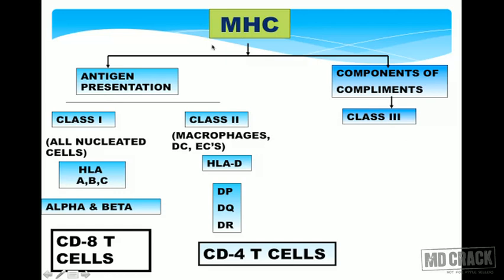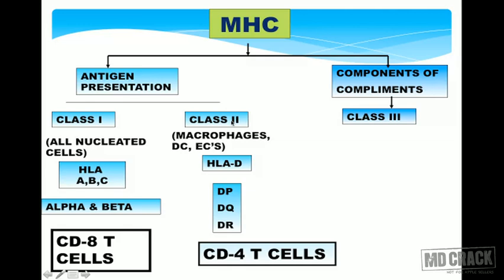Class 1 molecules are expressed over all nucleated cells of the body. Except RBCs and platelets, all other nucleated cells will have class 1 MHC molecules. Again, it is subdivided into HLA A, B, C. They have two subunits, alpha and beta subunits, and classically class 1 molecules will bind to the CD8 T lymphocytes, cytotoxic T lymphocytes.